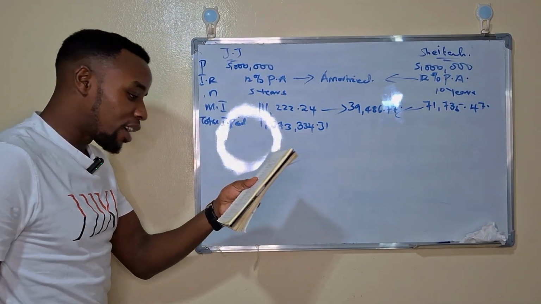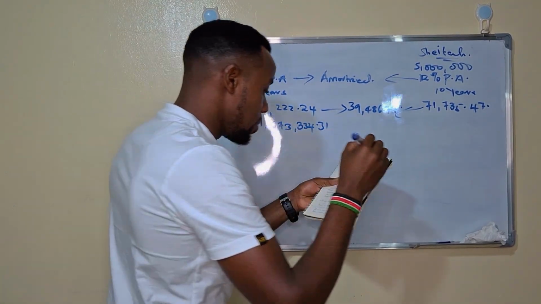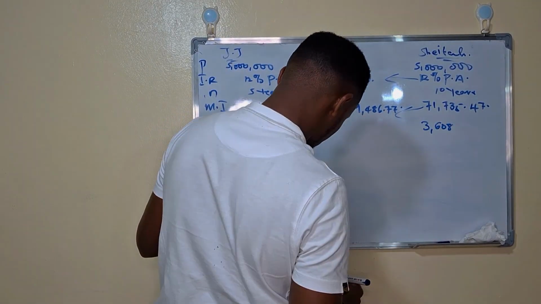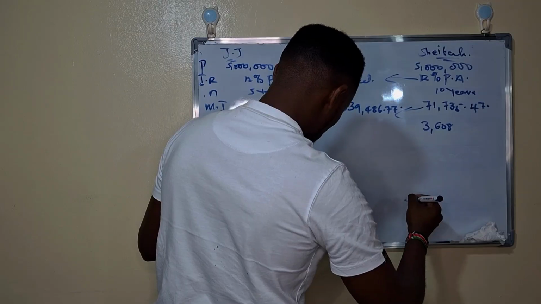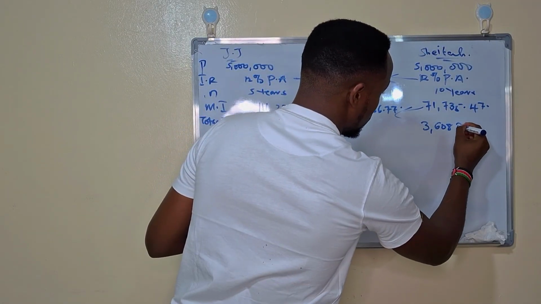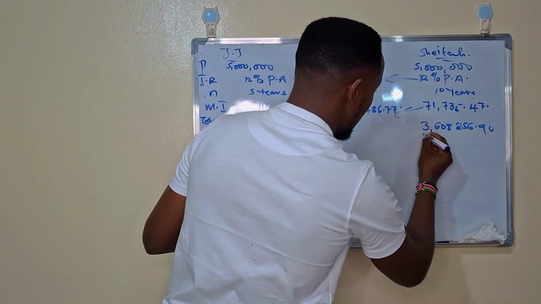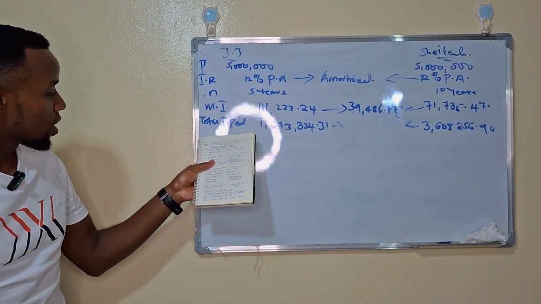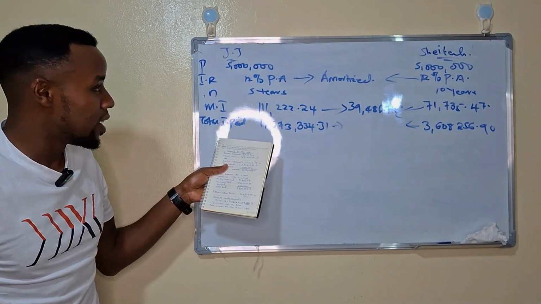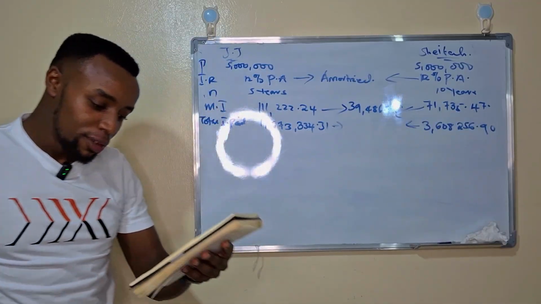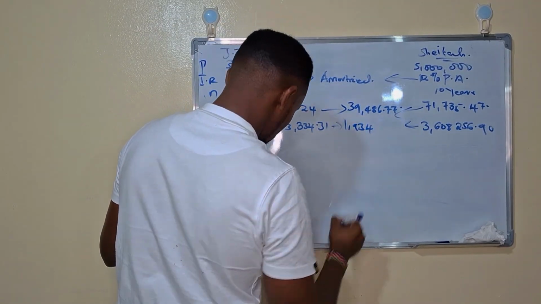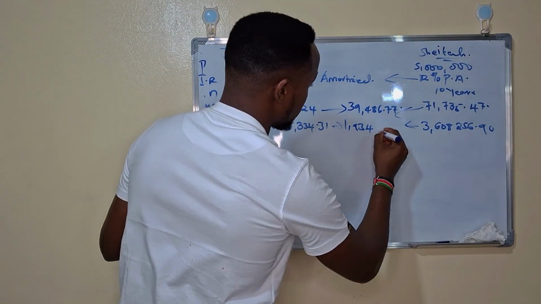And Shayla will have paid a total interest of 3,608,256.90. Now, if you check the difference between the interest that JJ has paid and Shayla has paid, it's 1,934,922.59.